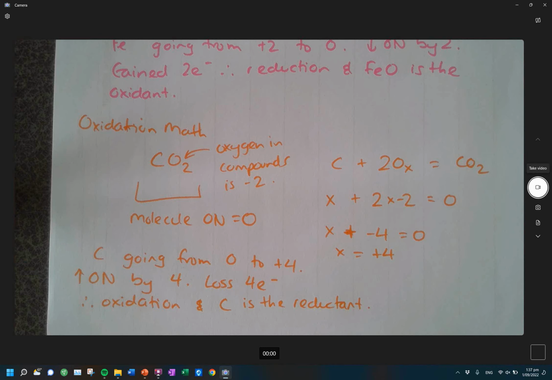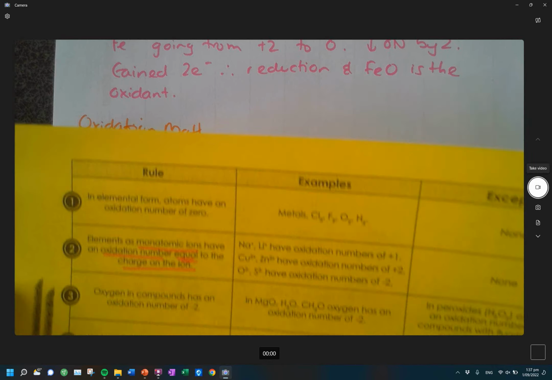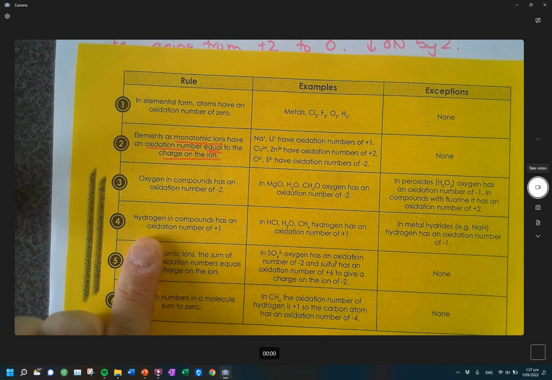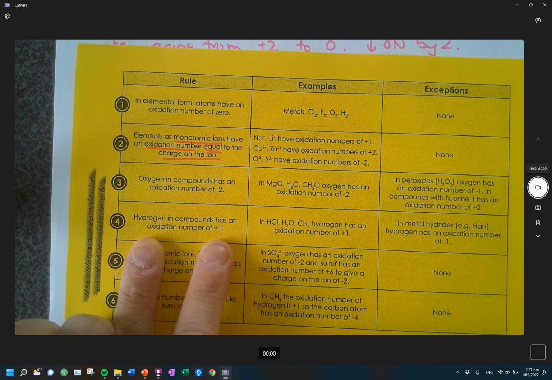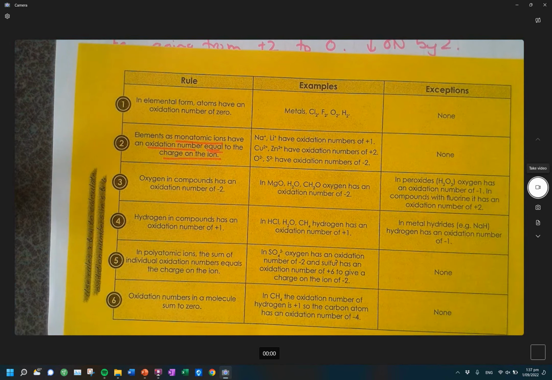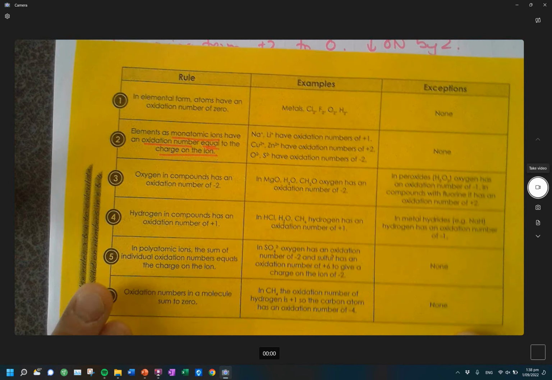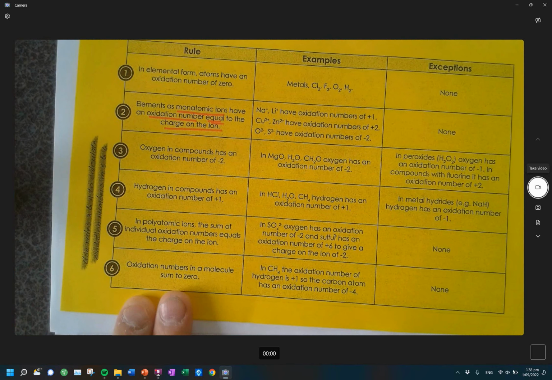All right? The best thing to do to learn these rules is to practice the equations, because there's no point in memorizing it. You want to apply them. Most of them we have covered. Some things to keep in mind is we haven't done the hydrogen one, but hydrogen in compounds has a +1, unless it's in a metal hydride, then it's -1. We've done the sum of the molecule equals 0.